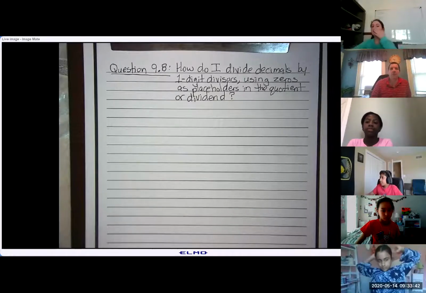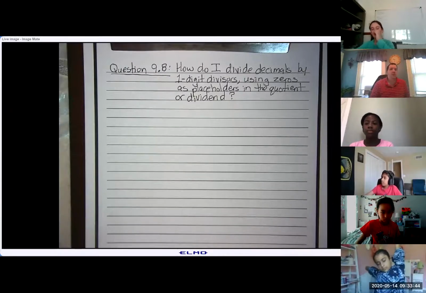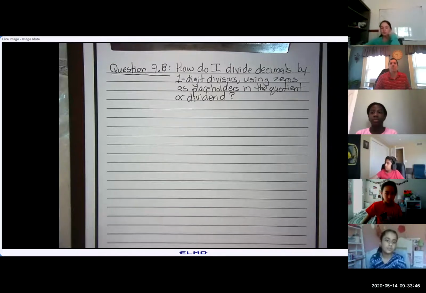Today, we're going to be focusing on what to do when we encounter zeros, which doesn't sound like a challenging thing. But for some reason, when there are zeros in the dividend or the quotient, sometimes they throw us for a loop.